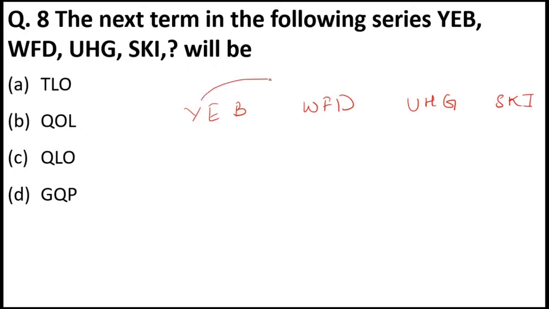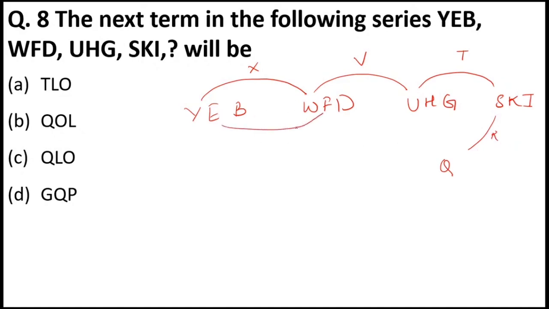So see, in this term, X is missing, WXY. In this term, V is missing. Here, T is missing. So here, Q. This term will be Q because R will be missing over here.